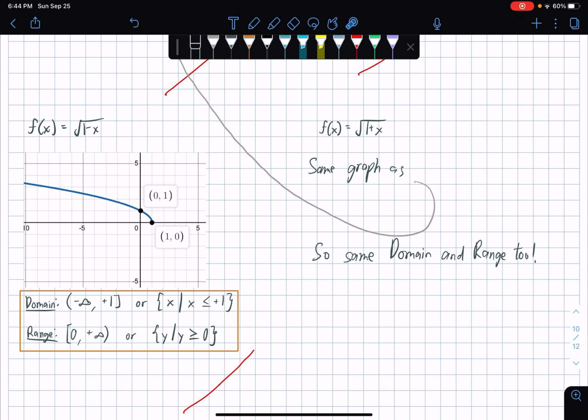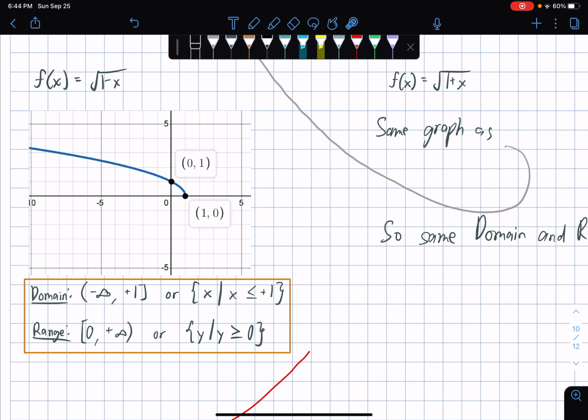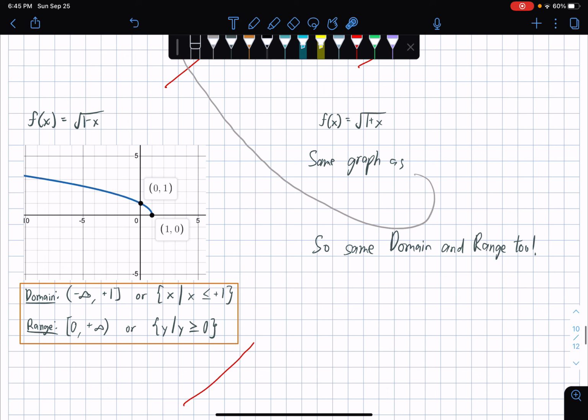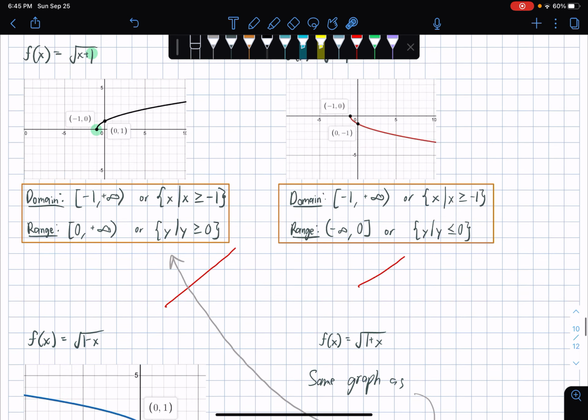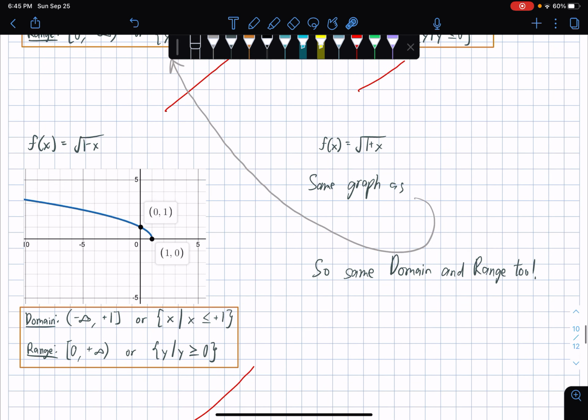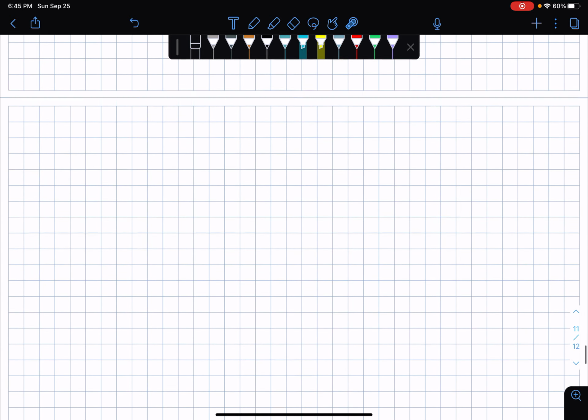And here, at this particular problem, it's 1 minus x. Yeah, I couldn't really say much about it anymore. There's also another graph here, but it's the same domain and range as this one. Yeah, it's everything that you have to know.